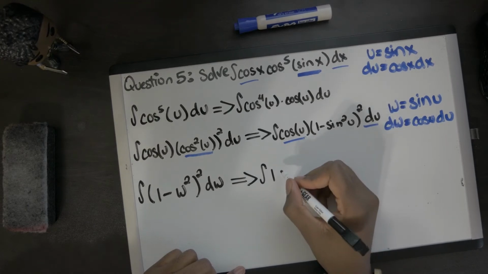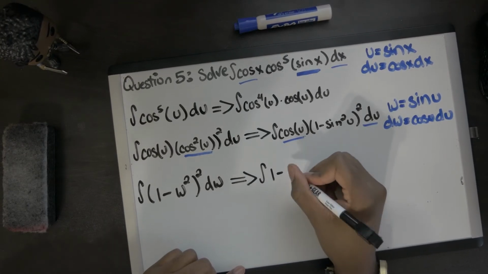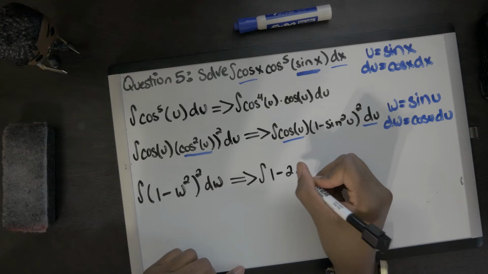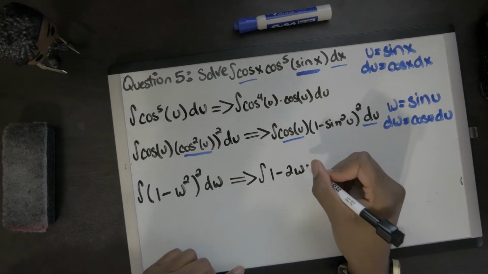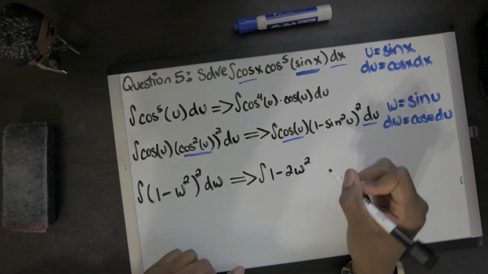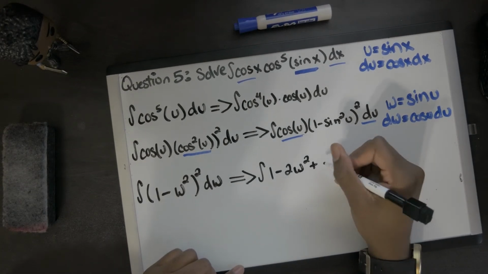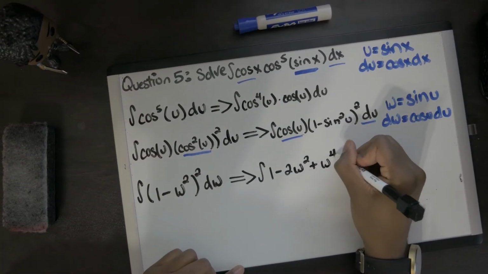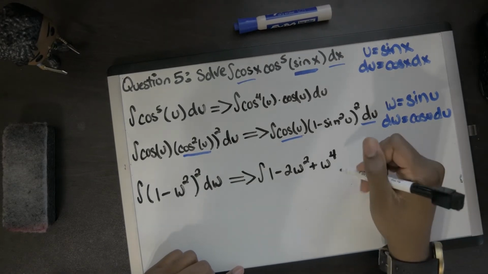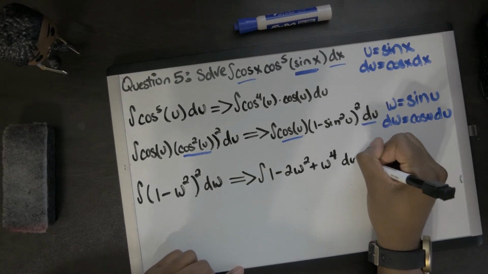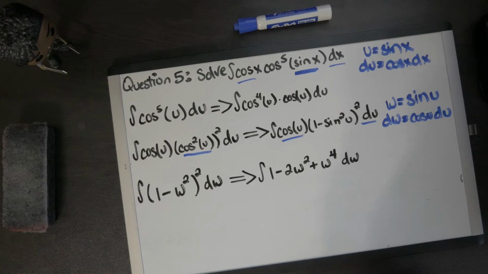Then we're going to have a minus 2w squared. Then on there, we're going to also have a plus w to the 4th. Okay, and then again, in respects of w.